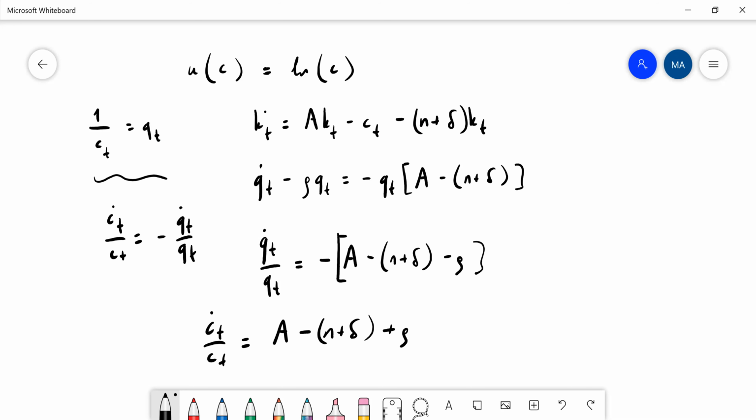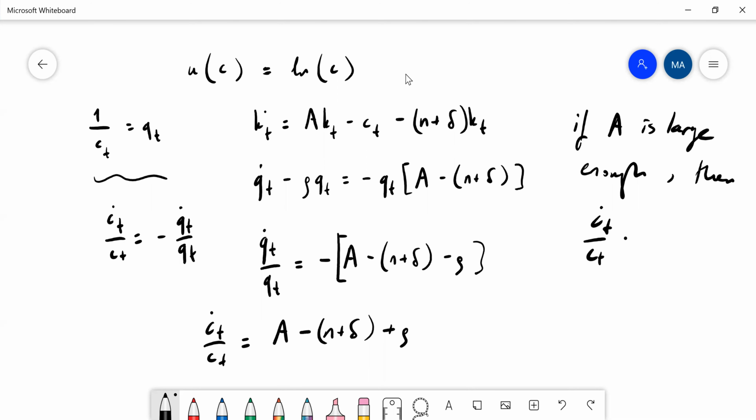But the idea is that if A is large enough, then C dot T divided by C T is positive.